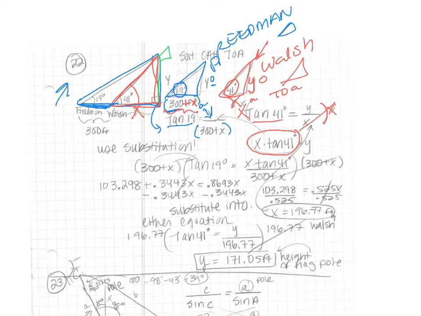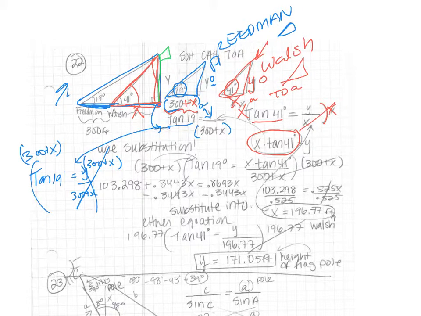If you multiply both sides by 300 plus x to get rid of the denominator, we put the quantity in parentheses, then we have y equals tan 19 degrees times the quantity 300 plus x. So we're then going to do a replacement.